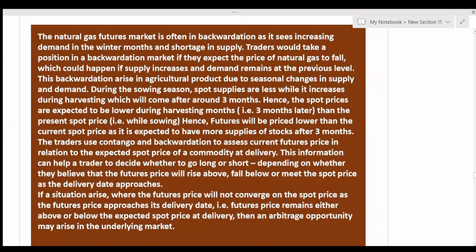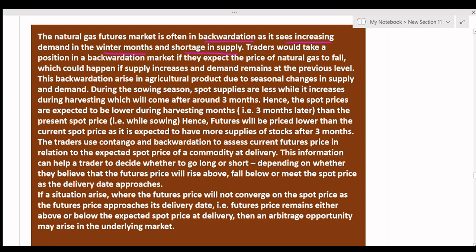The natural gas future market is often in backwardation as it sees increasing demand in the winter months and shortage in supply.